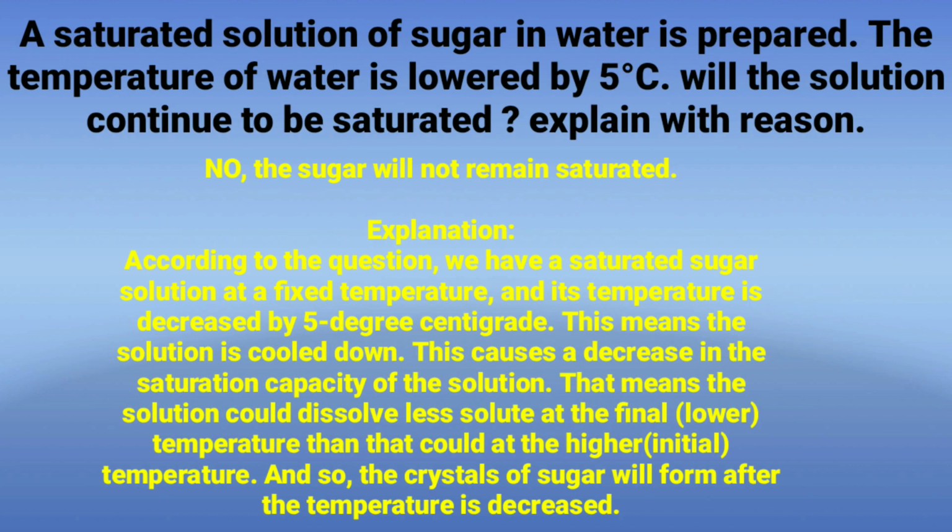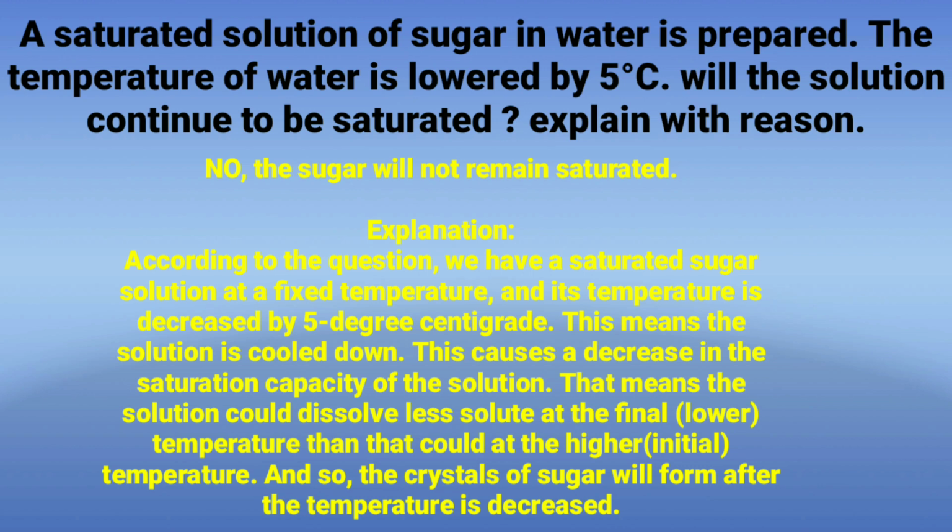Now come to next question. A saturated solution of sugar in water is prepared. The temperature of water is lowered by 5 degrees centigrade. Will the solution continue to be saturated? Explain with reason. So no, the sugar solution will not remain saturated, because according to the question, we have a saturated solution at a fixed temperature and its temperature is decreased by 5 degrees centigrade.